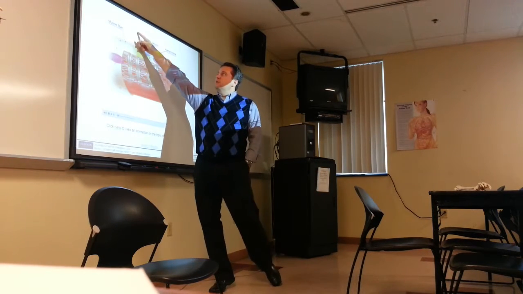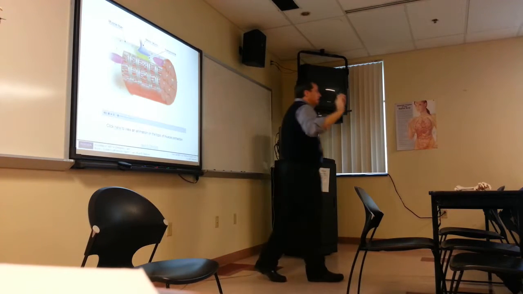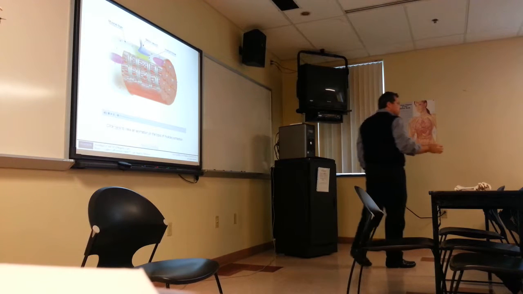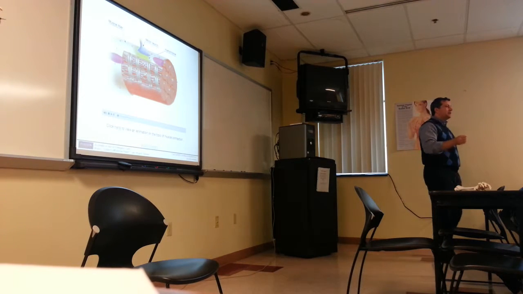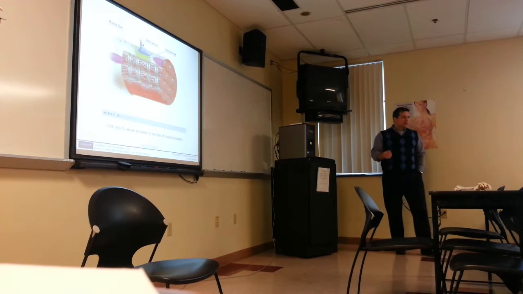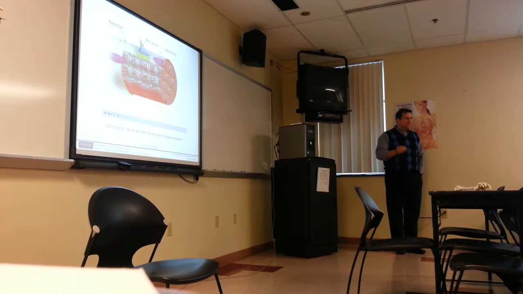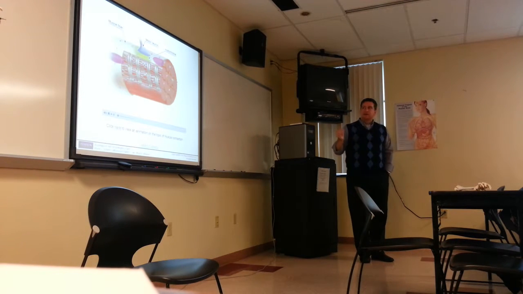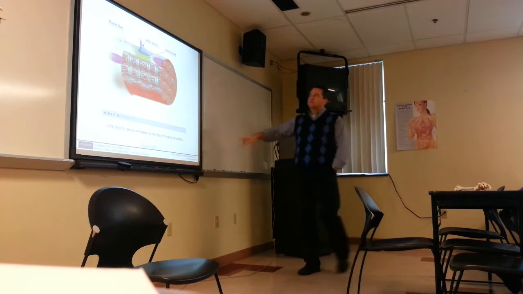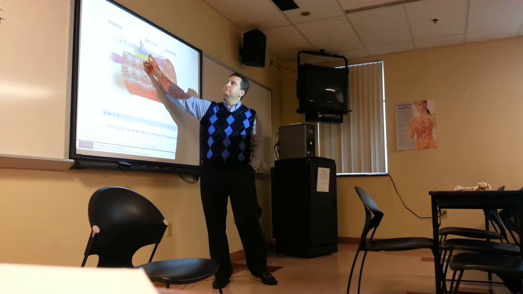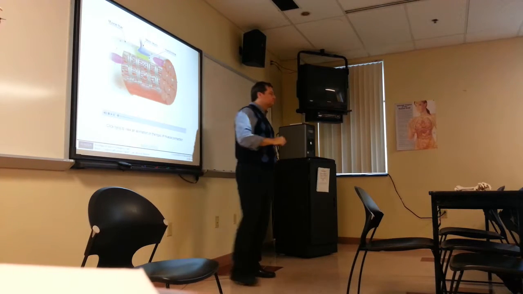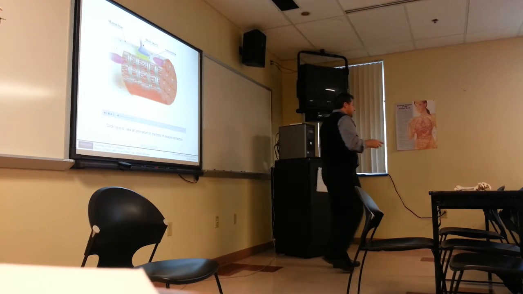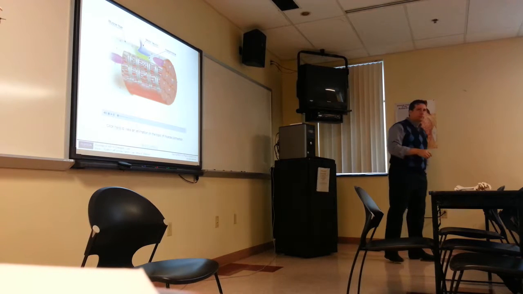We have a signal that comes down the nerve in the form of an electrical current. This is called an action potential. Electrical current, plus and minus signs, just like a battery. So that signal, that message coming down as an electrical current, gets to the very end of the neuron, this right here, called the terminal bouton.